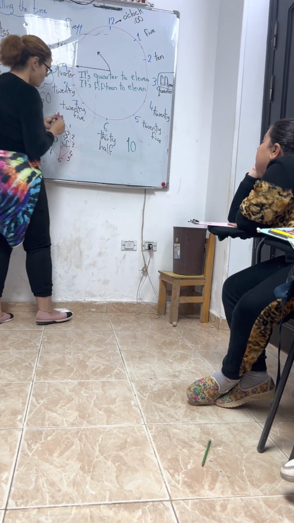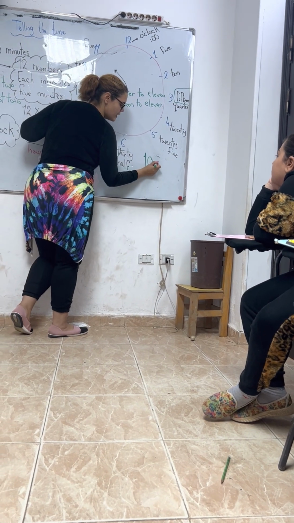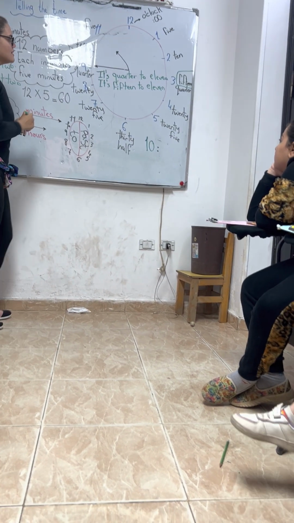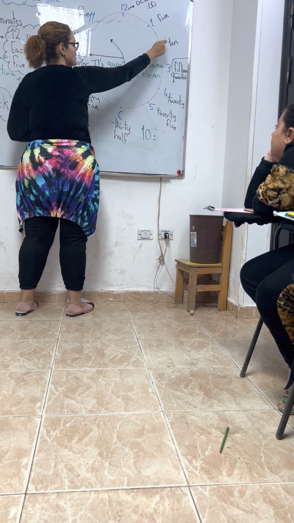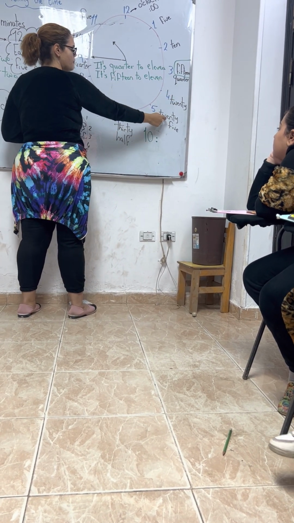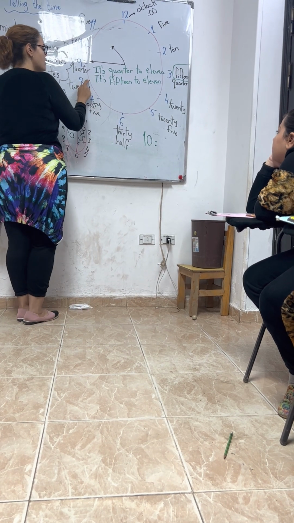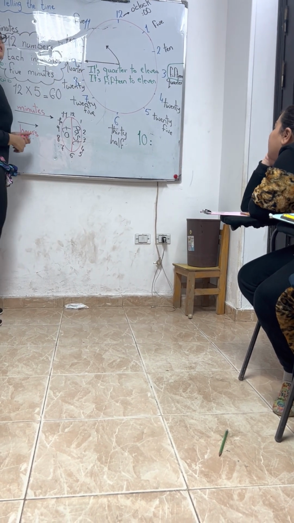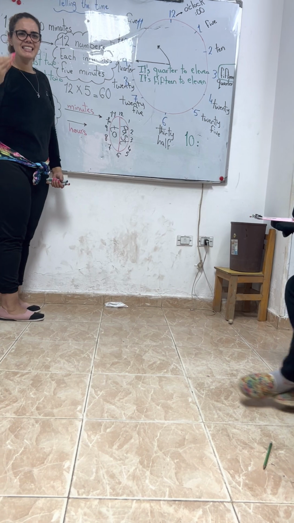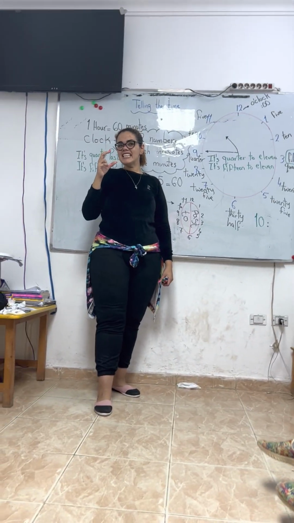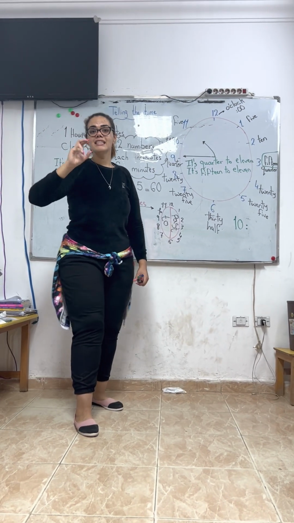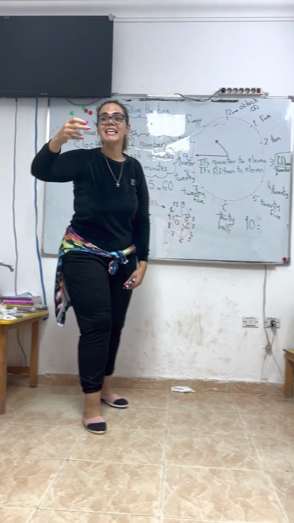And here, when I choose 10, I'm going to write 10. And how many minutes? Look guys, look. It's 0, 5, 10, 15, 20, 25, 30, 35, 40, 45. So that means it's 11 o'clock, but it still needs 15 minutes to be 11.